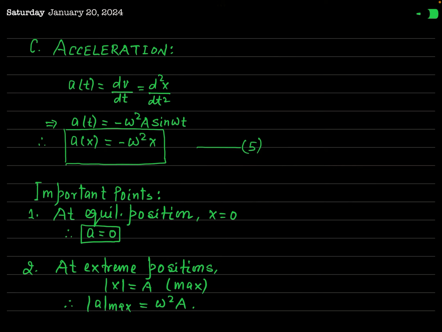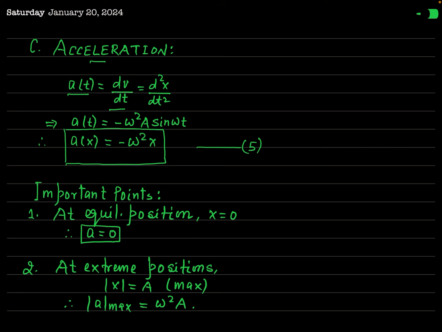Now we are going to see the calculation of the third quantity of interest in simple harmonic motion, and that is acceleration. Acceleration is simply the time derivative of velocity. So we can find the acceleration of the particle at time t by differentiating velocity v with respect to time t.